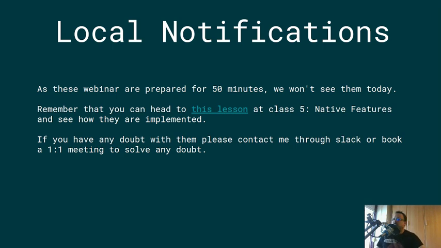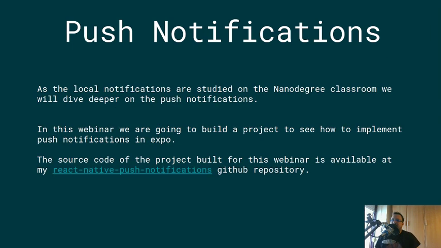I understood that it was better so we could dive deeper into push notifications, because it's an area of front end development that they don't show you in the Nano course: how to build a server, how to manage the push notifications.